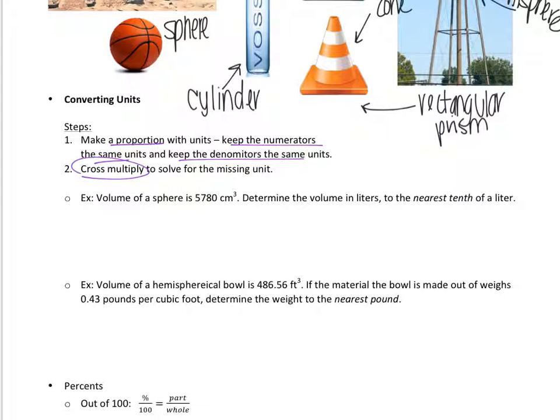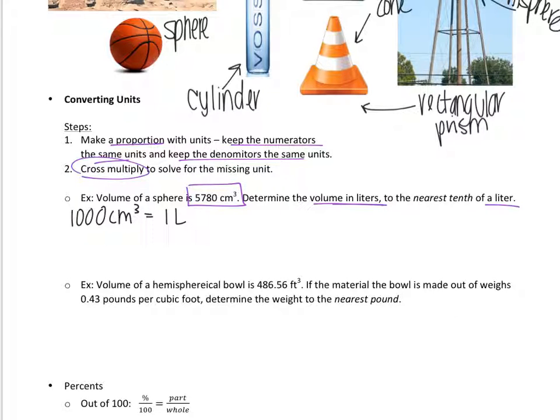So in this first example, it says the volume of a sphere is 5,780 cubic centimeters. Determine the volume in liters to the nearest tenth of a liter. If you look at your reference sheet, you'll find a formula that tells you how to convert between cubic centimeters and liters. I believe it says 1,000 centimeters cubed equals 1 liter.